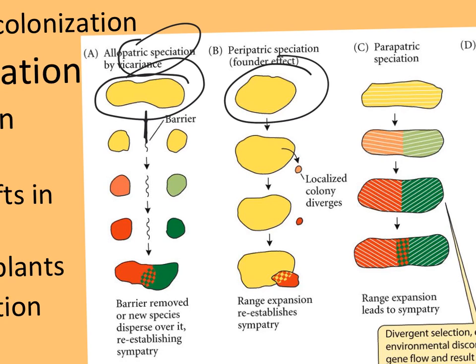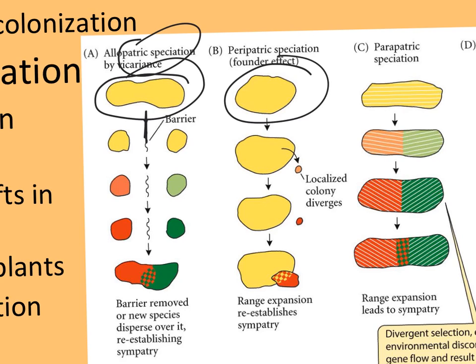Do you guys remember what a founder event is? Okay. So you have a main population, let's say a mainland island model, and a small group of individuals dispersed to, let's say, the new habitat, the new island. And then there's very little gene flow between the two after that.